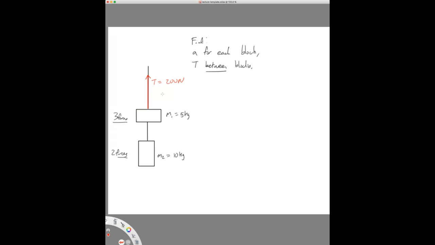So on the mass on the top, we're going to have force of gravity. So let's call that force of gravity 1. Since I have 2 masses, I have to call the forces of gravity different names. And then there's contact between the block and this rope, and so there's going to be some kind of force there.